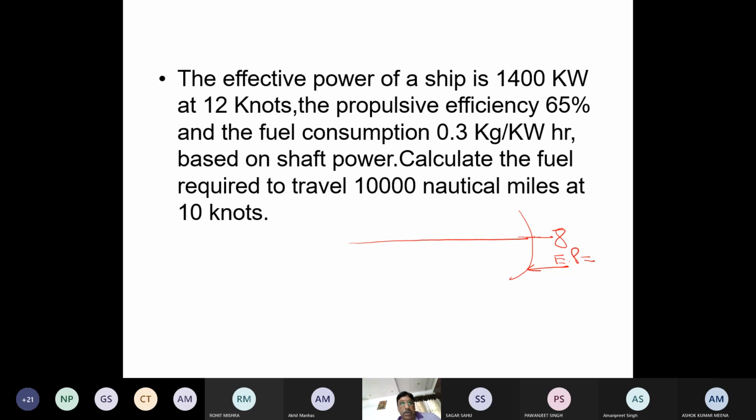It is given. The effective power of a ship is 1400 kilowatt.